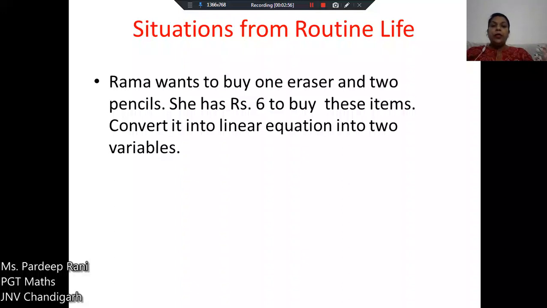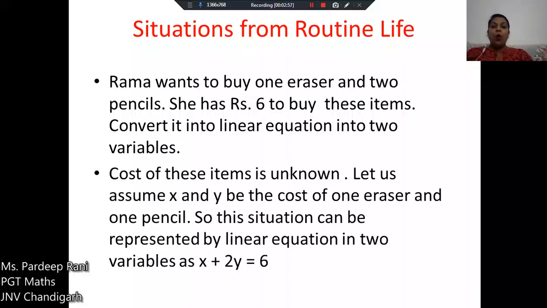Dear students, we do not know the cost of one eraser as well as one pencil. So for this purpose, first of all we will have to assume the cost of one eraser and one pencil as x and y.